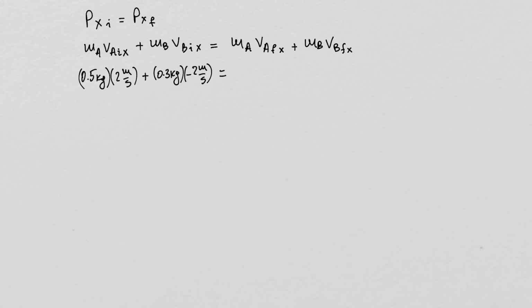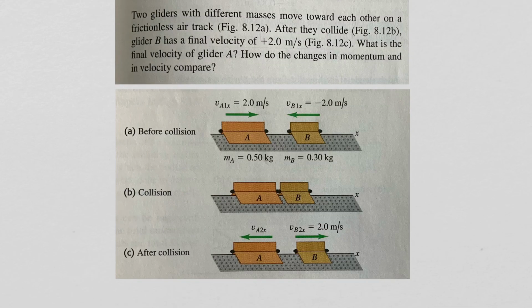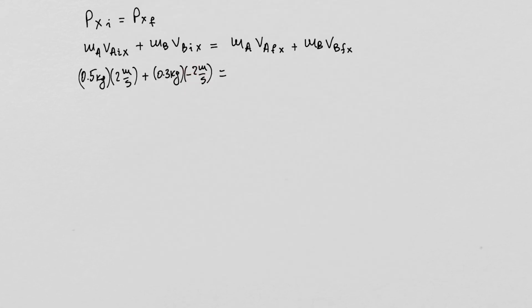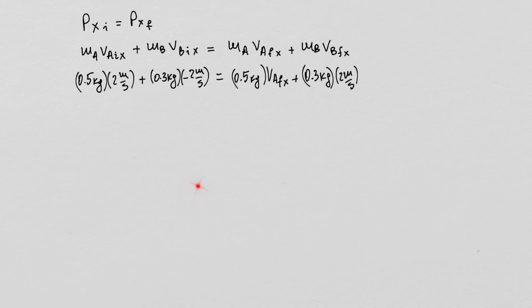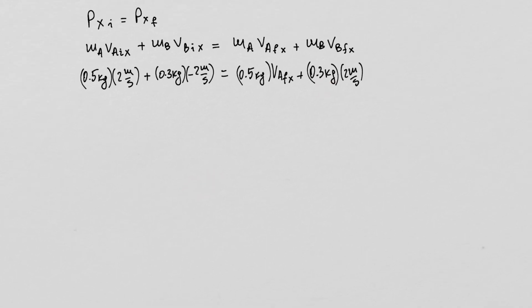So the initial momentum is equal to 0.5 kilograms times 2 meters per second plus 0.3 kilograms times negative 2 meters per second. Remember that glider B is moving in negative x direction before collision, so that's why the minus sign here. And then after collision, we have 0.5 kilograms times va fx, we are looking for that velocity, plus 0.3 kilograms times 2 meters per second.